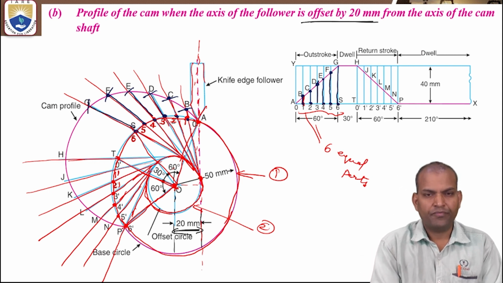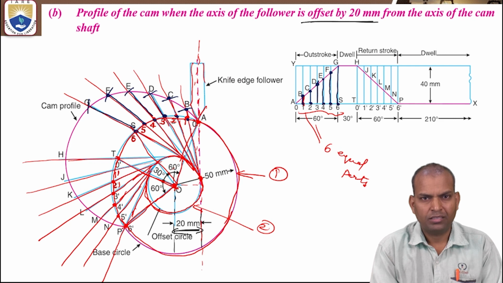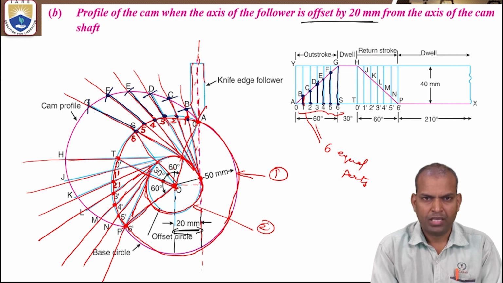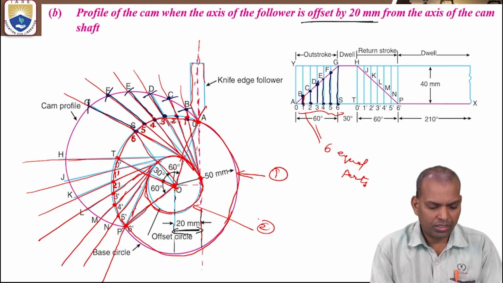Similarly, we have to mark the lengths, the vertical distances of the points from the displacement diagram, and mark them on the tangential lines from the base circle circumference.